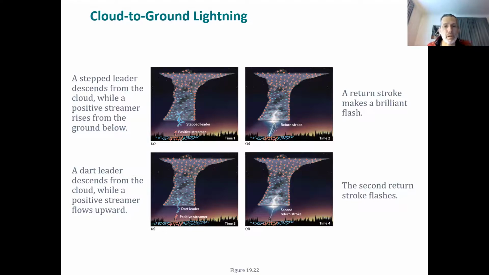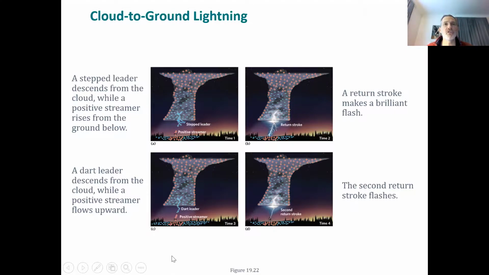But we now know that if we can create a positive stream on the ground, what we can end up doing is putting up a piece of metal. Metal is a really good conductor of electricity. And so as a response, it can actually cause the electrons to dissipate into the ground and not hit a tall building or a tree and cause the damage.